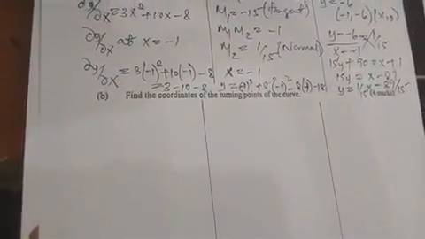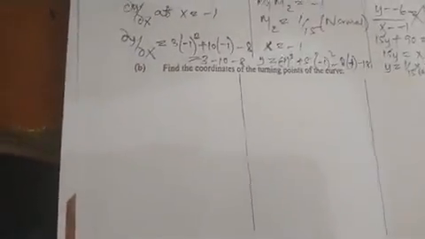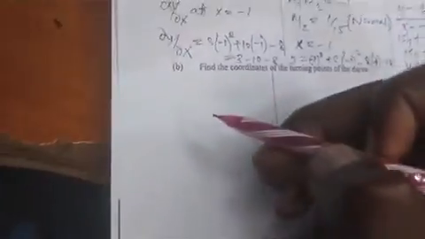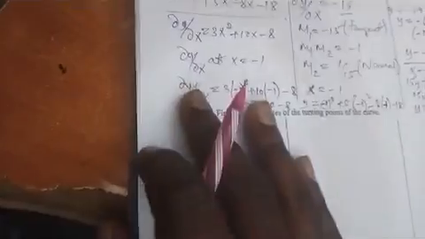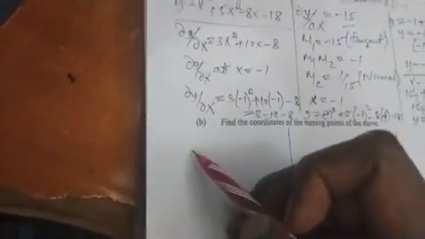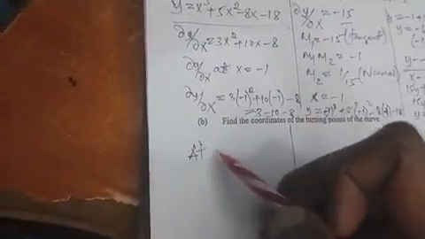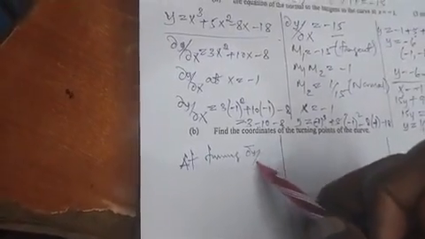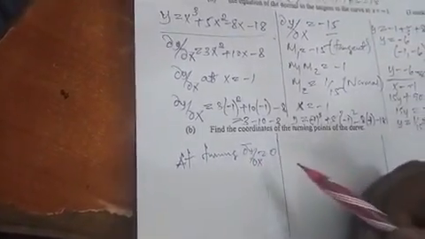Then we go to the last part. They want you to find the coordinates of the turning points of the curve. At the turning point, we know that the gradient is equal to 0, so dy/dx is equal to 0.